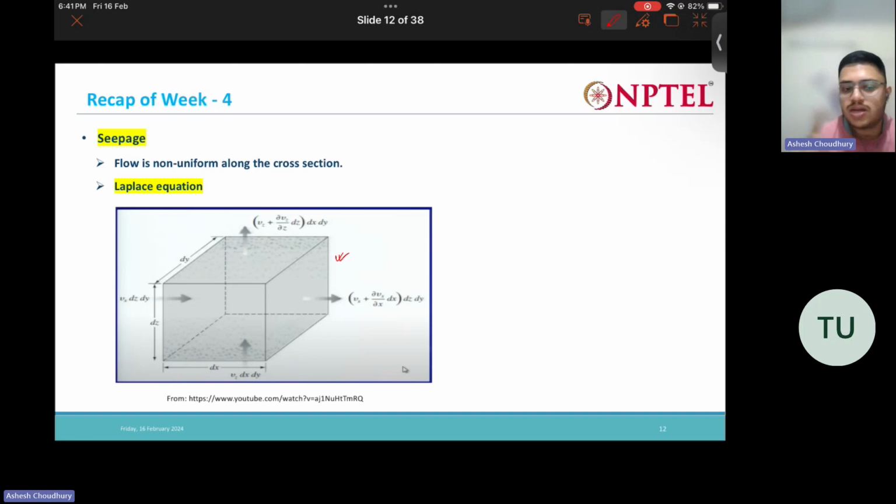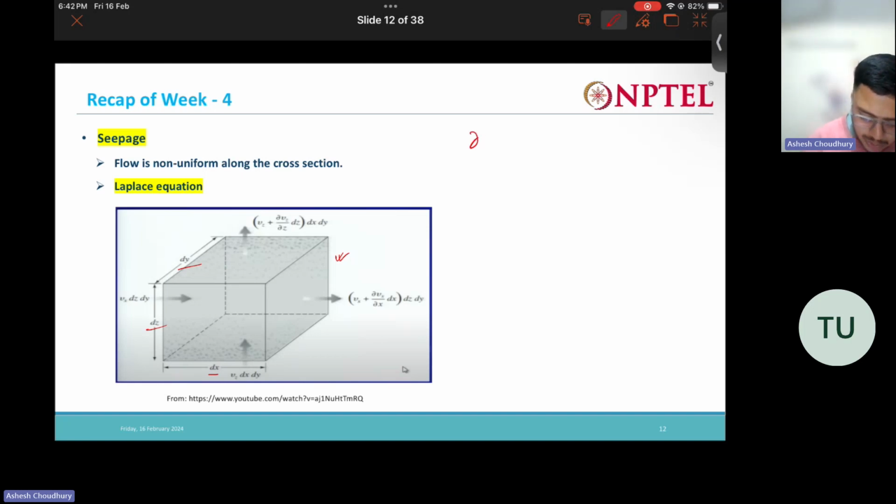These are the dimensions we are considering: dx, dz, and dy. In the class, everything was done in detail, so I won't be repeating that. I will just write the basics.